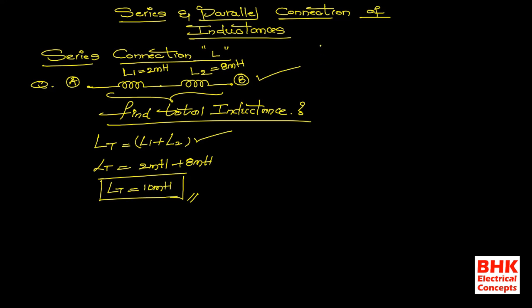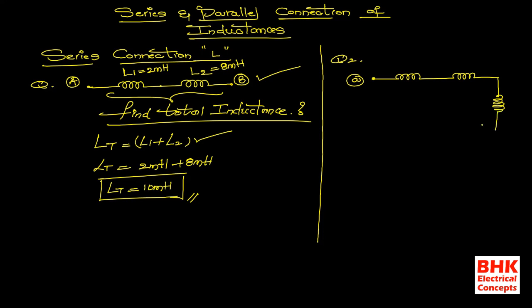Now consider another problem, problem number 2. This is terminal A. One inductance is connected like this, another like this, and a third like this, and the fourth and fifth inductances are connected like this.